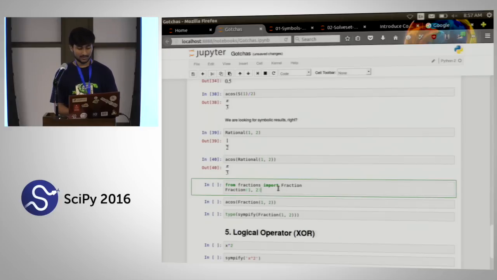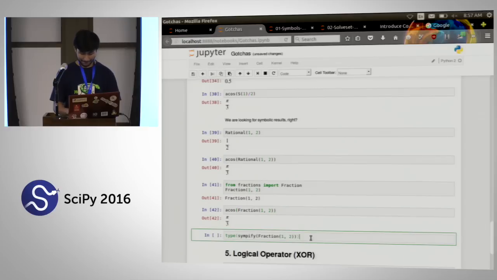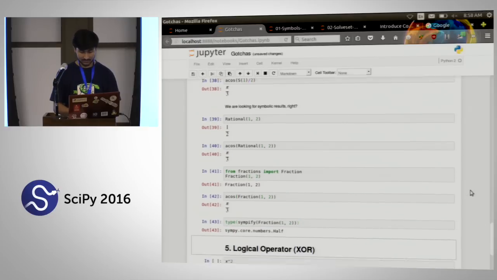So if you pass the fraction into SymPy's acos function or any function, it will sympify it. By sympify, it will convert into a SymPy object. The equivalent of Fraction in SymPy is Rational. So it will automatically convert this fraction 1/2 into a SymPy object, that is Rational 1/2. So this half is basically the rational.